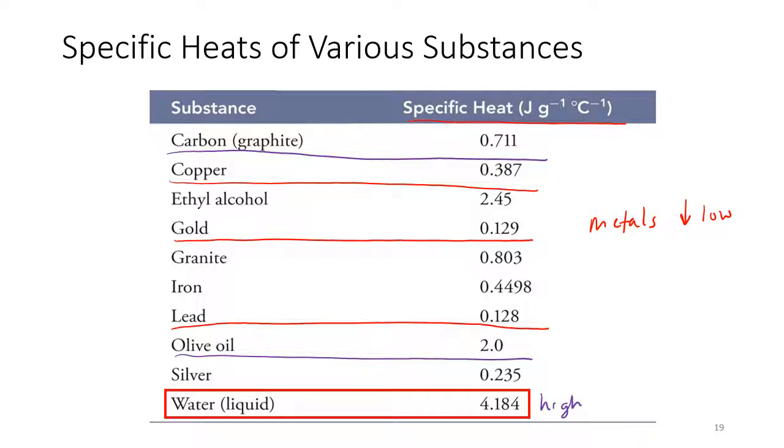If you've ever boiled a pot of water on the stove, you know how long it takes for the water to begin to boil. It requires a lot of energy input in order to raise the temperature by just 1 degree Celsius. But that also means that water holds its heat much longer. So once a pool warms up in the summer, it usually stays warm for the whole time because the water doesn't lose energy very fast either.